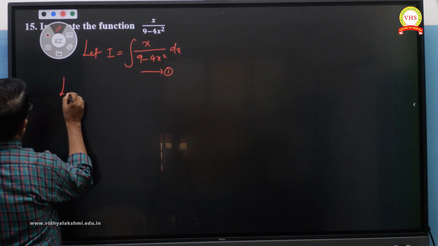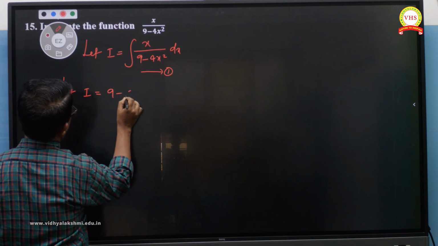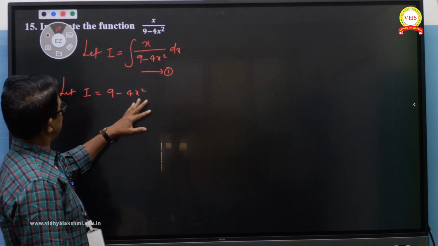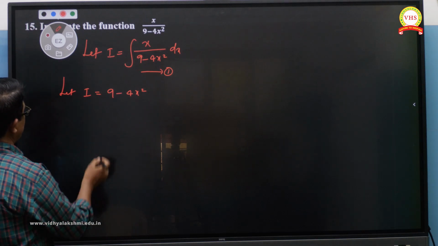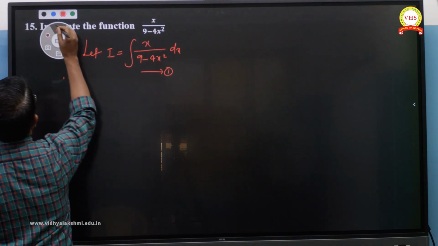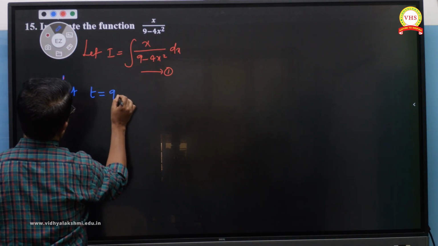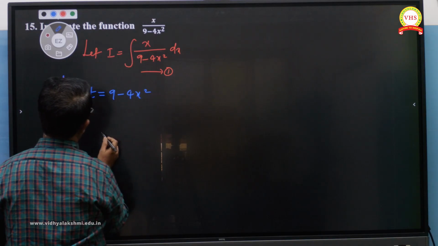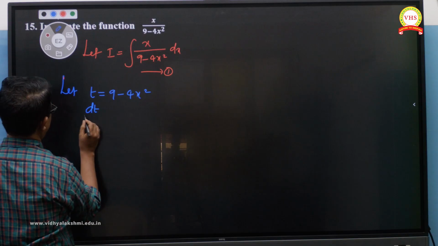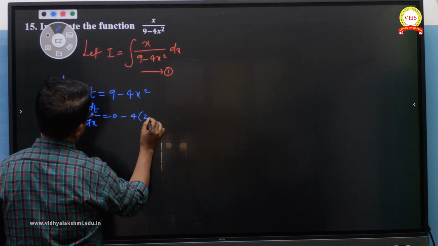Now we are going to see the question. The denominator is 9 minus 4x square. Otherwise we can do some adjustment, not necessary here. Assign the second variable t equal to 9 minus 4x square. That is dt by dx equal to 0 minus 4 into 2x.